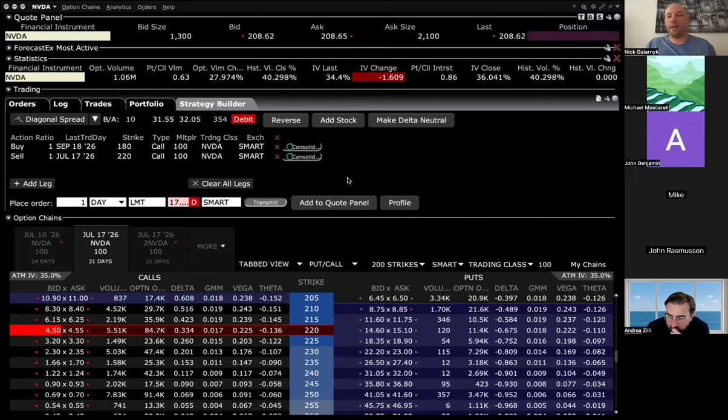Now, if it pushes above 220 by July 17th, I may be forced to close the position out entirely. But in that case, I would gain an additional profit of 220 to 216, which is my break even, minus $4 more from the credit received on this short call option here.